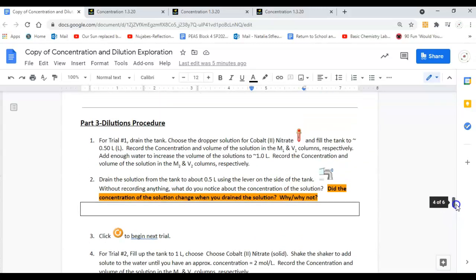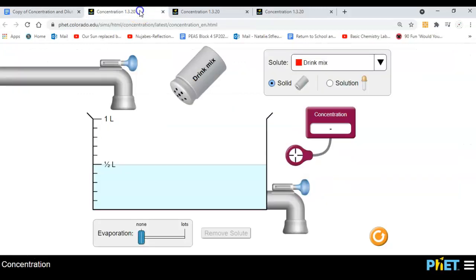So for the first trial, we need to drain the tank, and we're going to fill the tank to about half, 0.5 liters. Again, that's an approximate, we'll calculate the actual amount later. We fill it with the cobalt nitrate concentrated solution. So I'm draining the tank of all the water. All you want here is the cobalt nitrate.